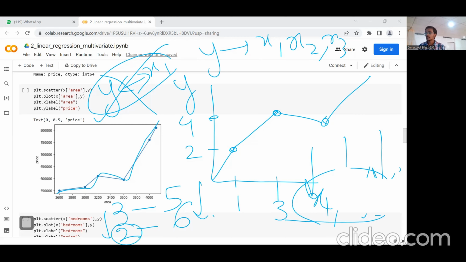Though the area is less, maybe number of bedrooms are more. Maybe number of bedrooms is 1 only over here, and number of bedrooms is suppose 4 over here. So 3 is the area with 1 bedroom, 2 is the area with 4 bedrooms. So definitely here the price will increase. That means your price does not depend on a single feature. That is what I want to say.